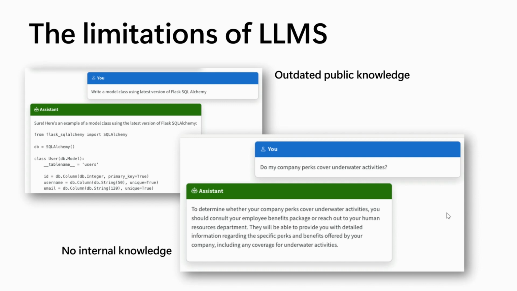For the internal domain knowledge scenario, let's say I'm working for a company and I want to know if my company provides some benefits for underwater activities as a perk. Of course, the LLM is not aware of that information. We will see later how we can make your LLM work with this kind of scenario.